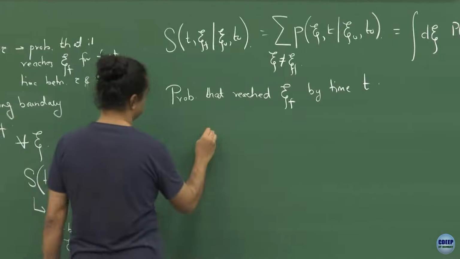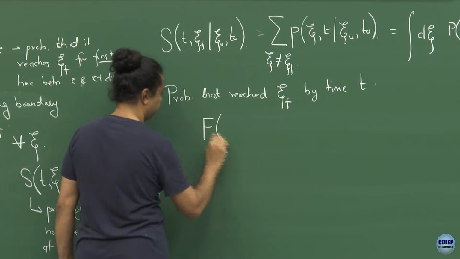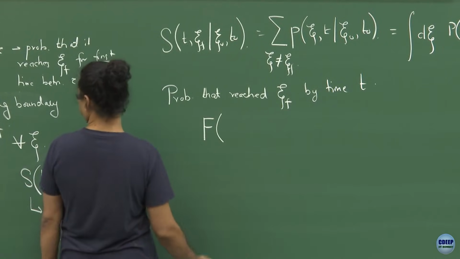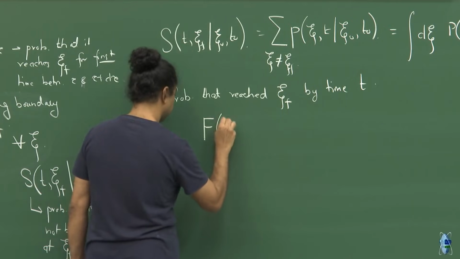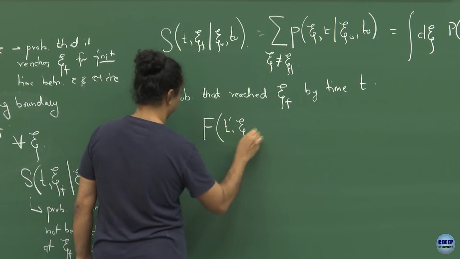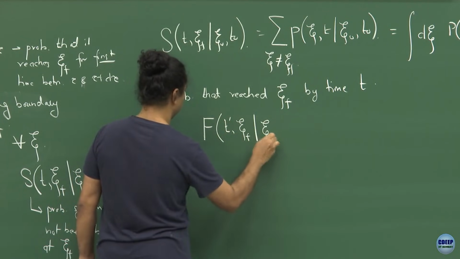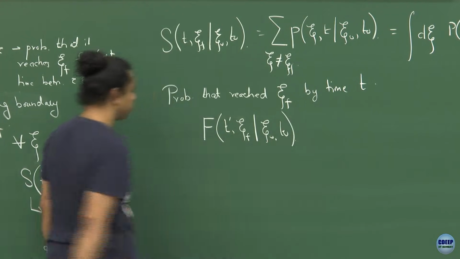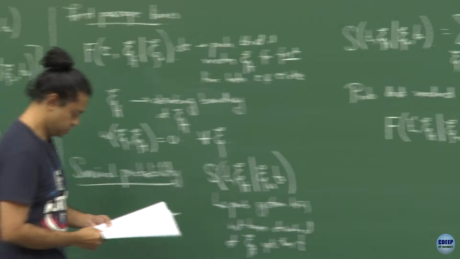So, the first passage probability, let us say f of t prime comma xi f, having started from xi naught at time t naught. Right.